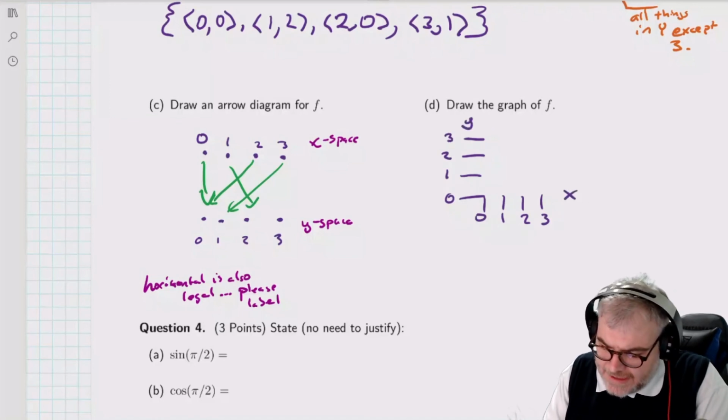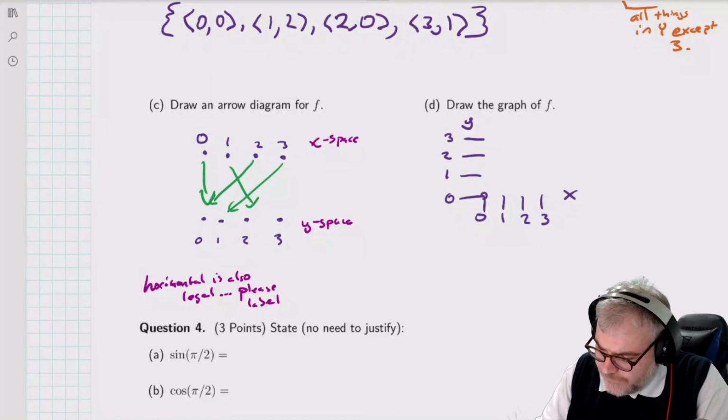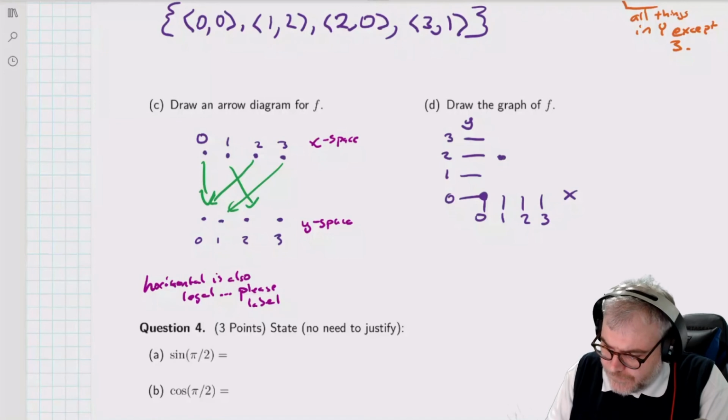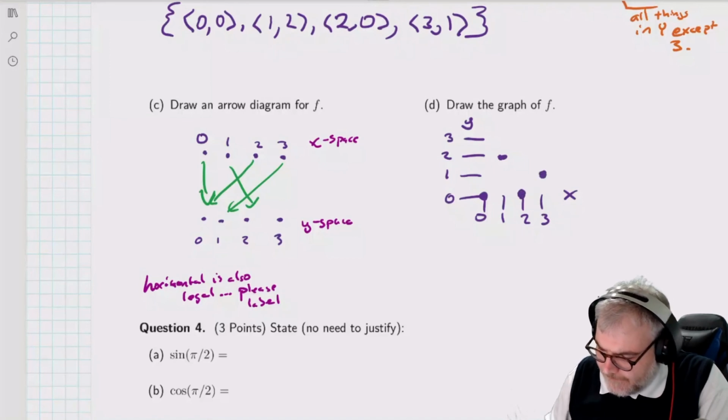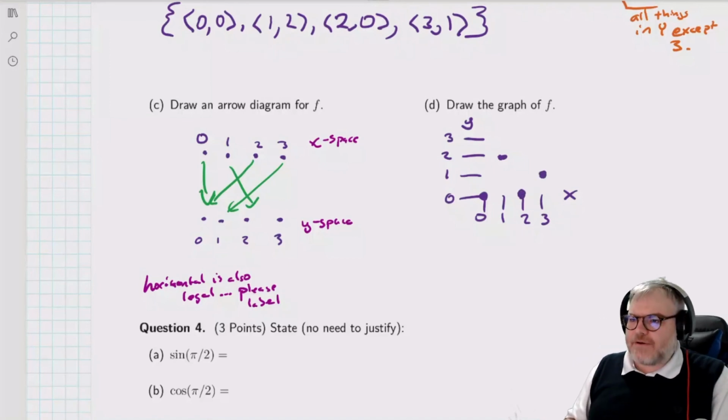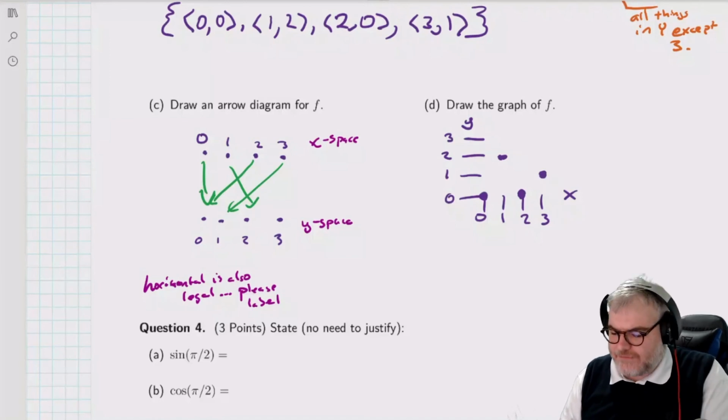So when X is 0, Y is 0. When X is 1, Y is 2. When X is 2, Y is 0. And when X is 3, Y is 1. How do we feel about that graph there, 1 to 5?